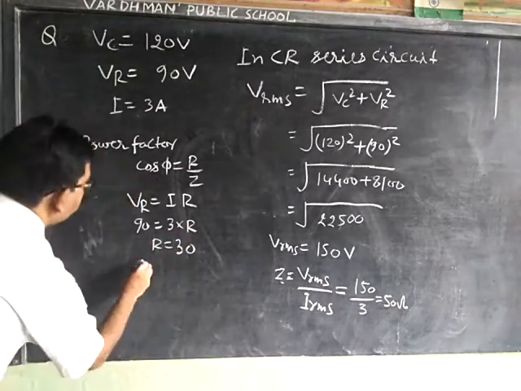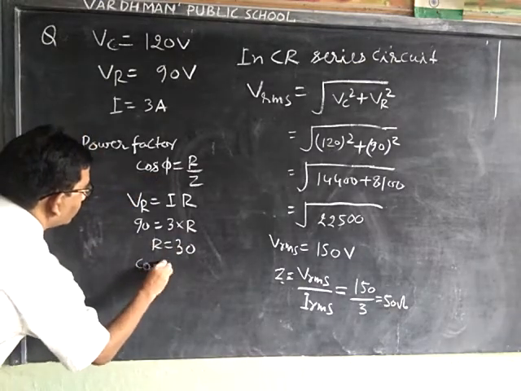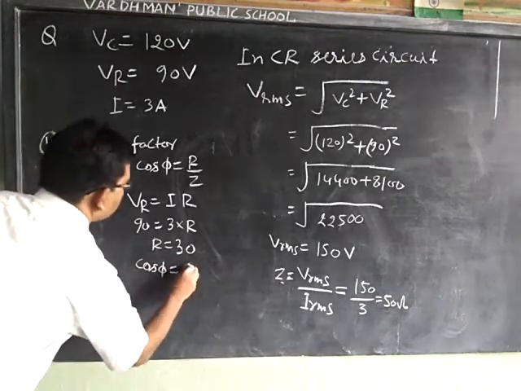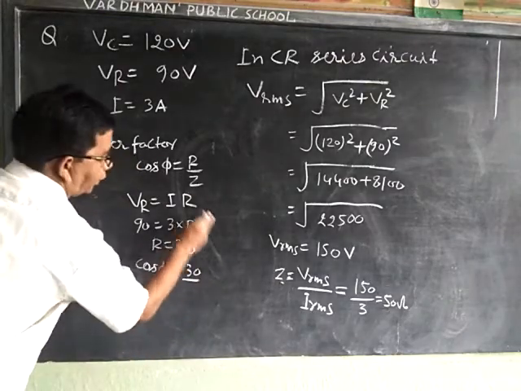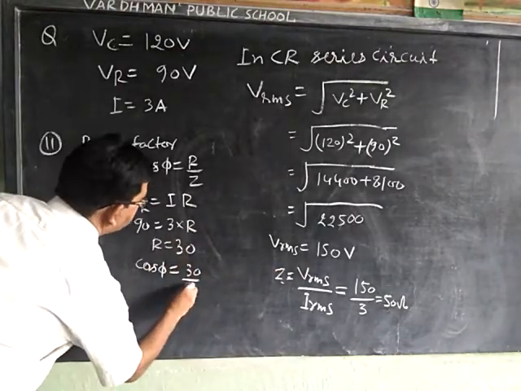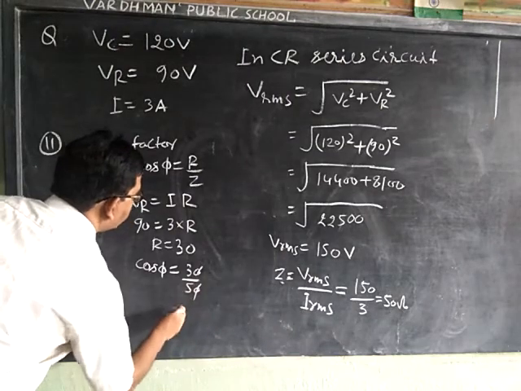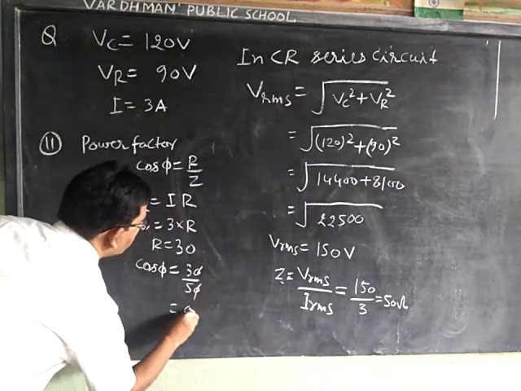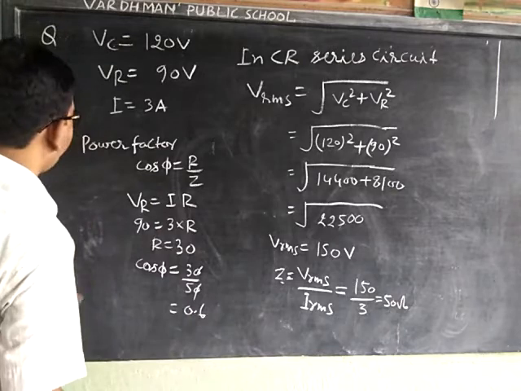Therefore cos phi is equal to 30 upon Z, 50, that is 0.6. Power factor is 0.6.